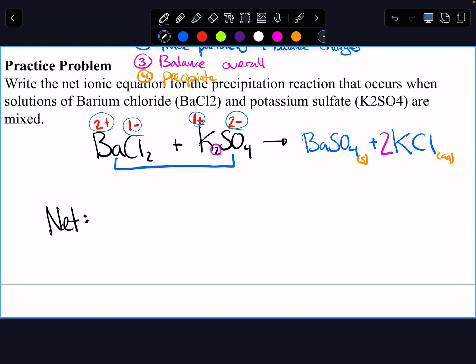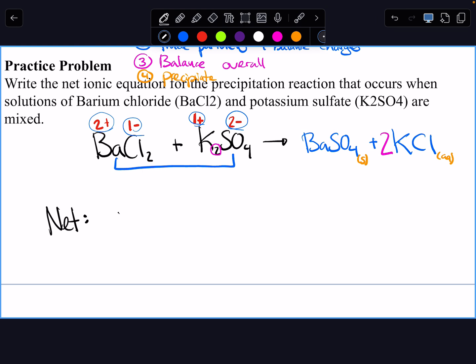Yeah. All right, now with the net ionic equation, what do we get rid of in the net ionic? Who's not included? Who's not playing the game? KCl. Good, K and Cl. So my net ionic is going to get rid of those spectators.